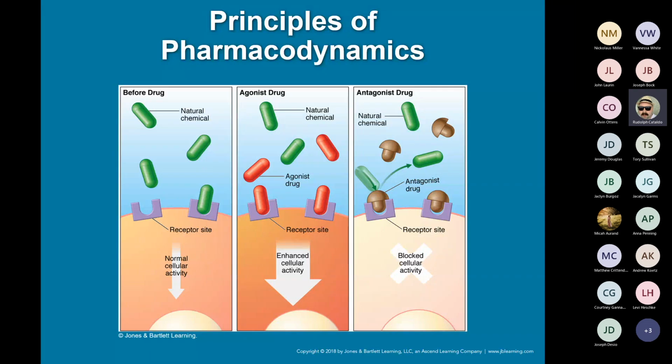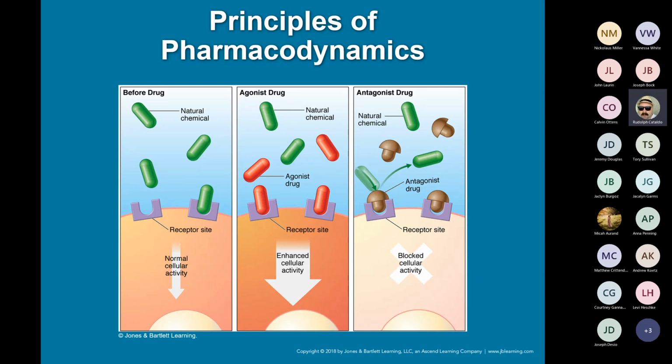This, again, is probably the best way to put it. So if you look at the screen on the left, natural chemicals fit in the receptor sites perfectly. So when we give an agonist drug, such as fentanyl, that fentanyl has been designed to fit in those receptor sites to make the body think that it's a natural chemical.